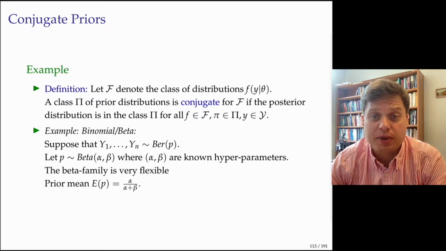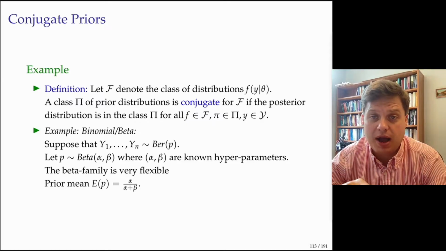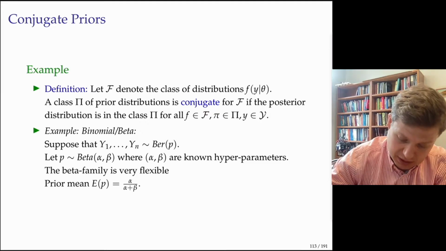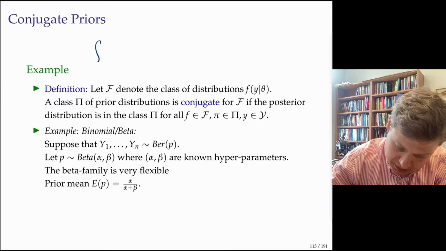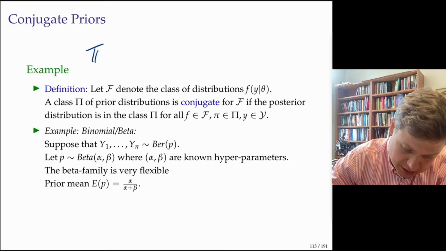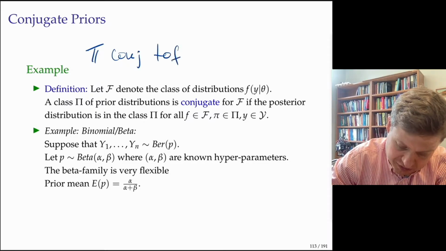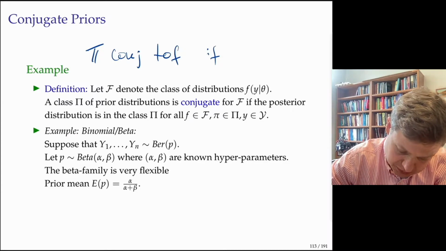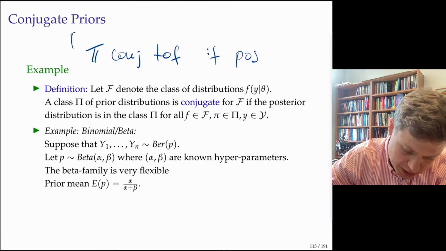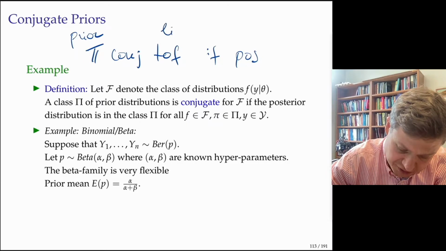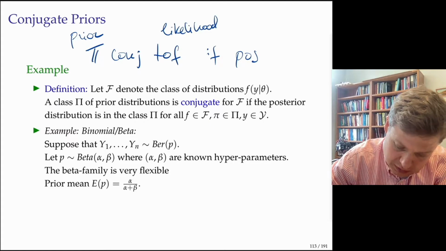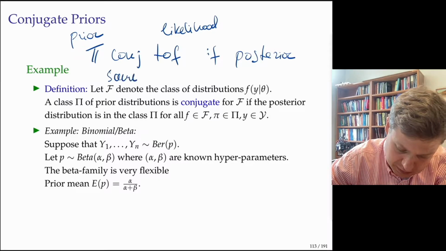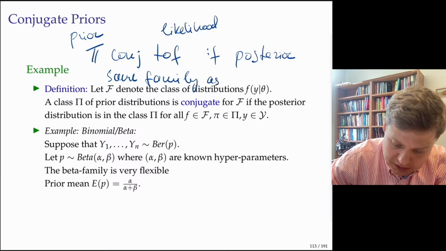And we have a class pi of prior distributions, and we'll say that pi is conjugate for F if the posterior distribution is in the class pi for any distribution from F. So we say prior pi is conjugate to likelihood F if the posterior is from the same family of distributions as pi itself, as the prior.